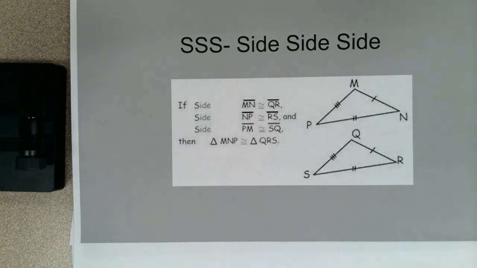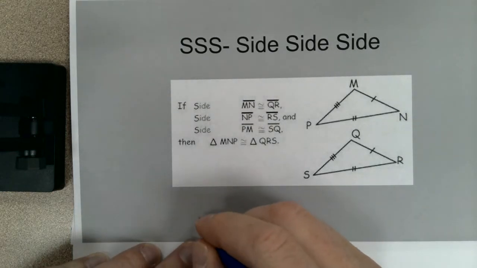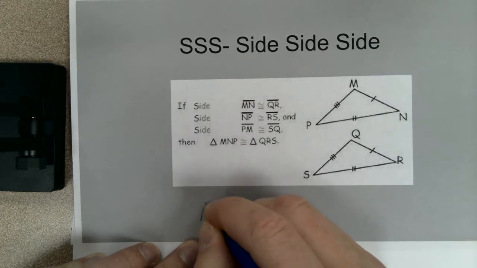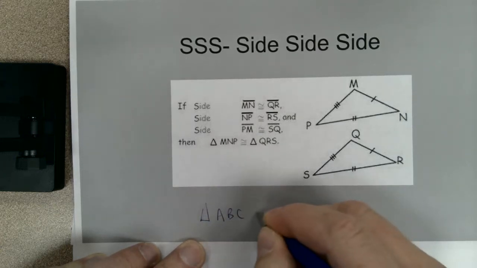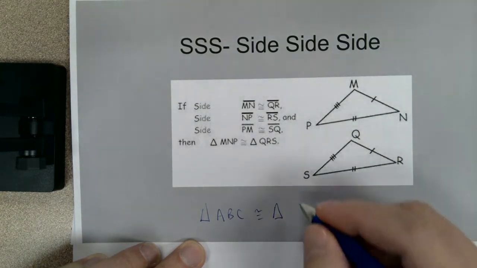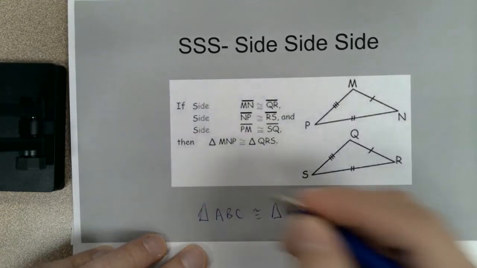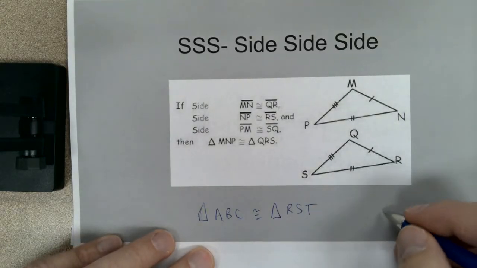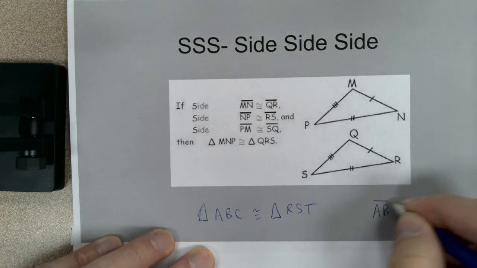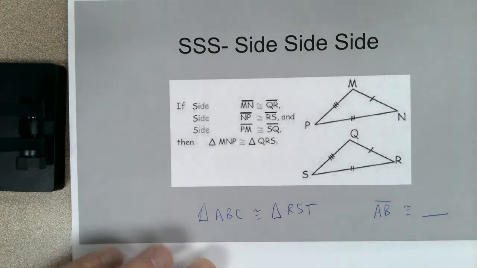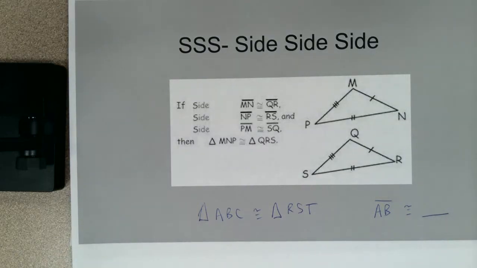And now, one of the things that I do want to go through with you, and this was on your warm-up today, if I have a triangle, let's say triangle ABC is congruent to triangle RST, and I said to you what side would be congruent to AB based on my statement there, go ahead and type into the chat which side would be congruent to AB based on that statement.